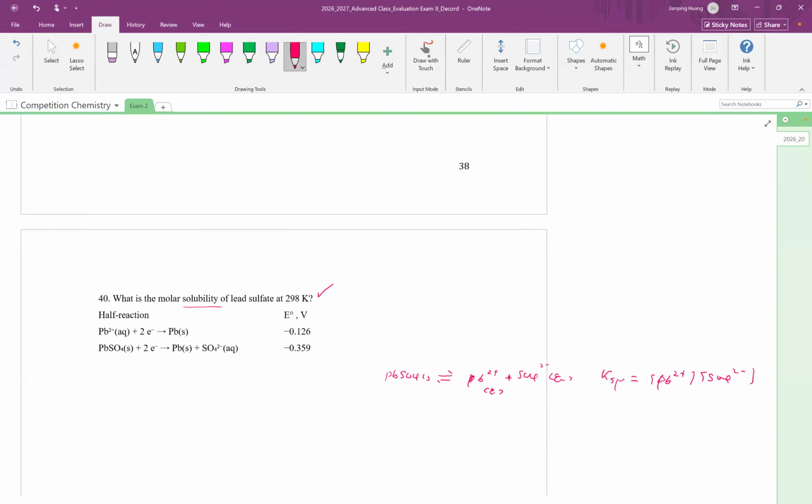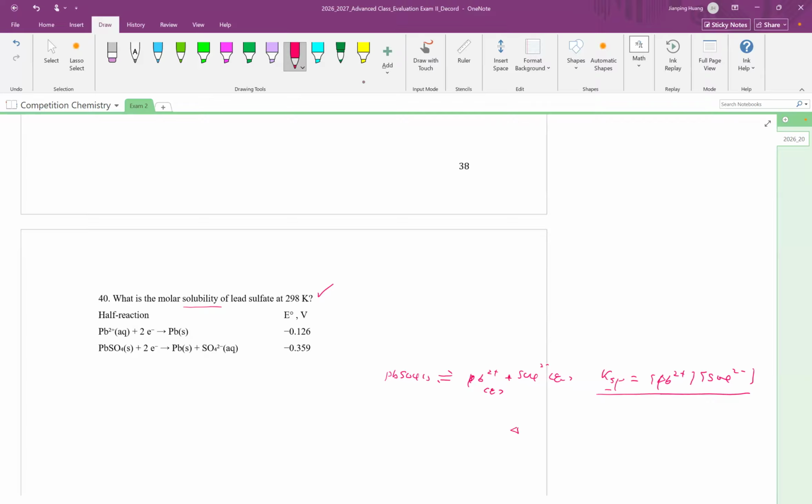Now, in order to find the Ksp, you need to find the concentration of this one, or you find the relationship. Okay, that's the one. Now, how can you do that? How are you going to do that? No, you cannot do that directly, but we can relate to what?